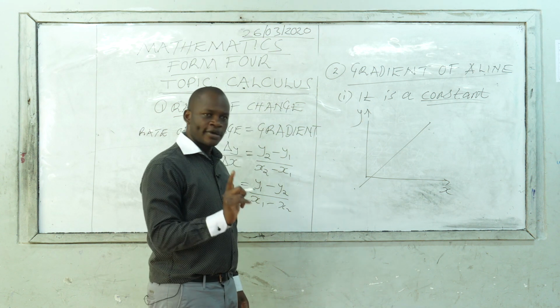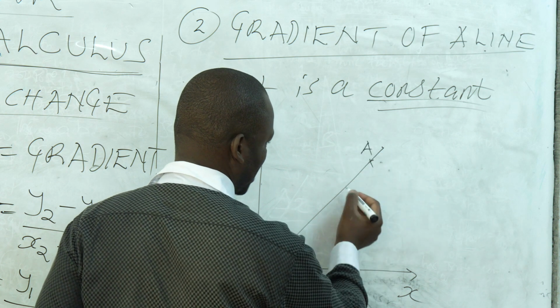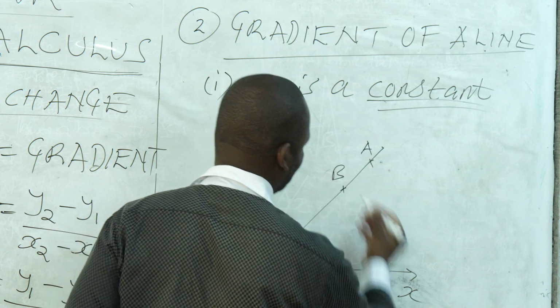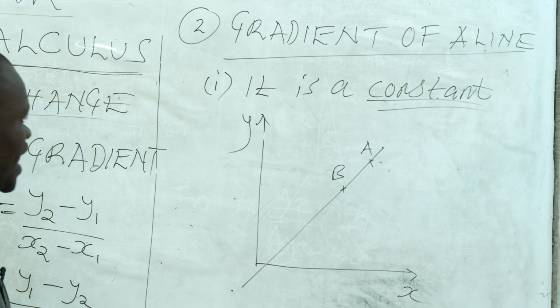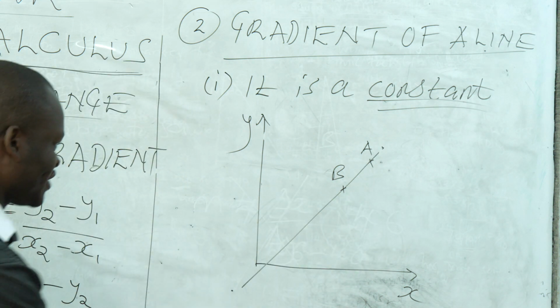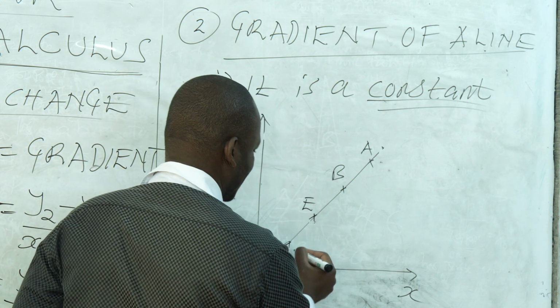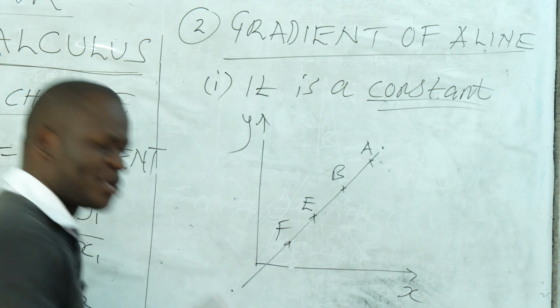If one student was to choose point A on that line and point B on the same line, and use them to find the gradient, and a different student uses point E and F on the same line to find the gradient.